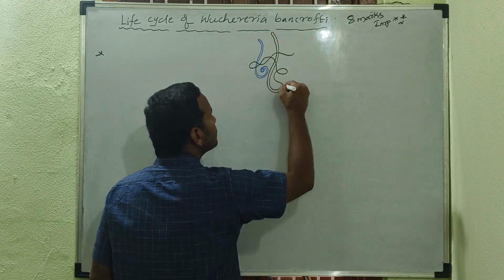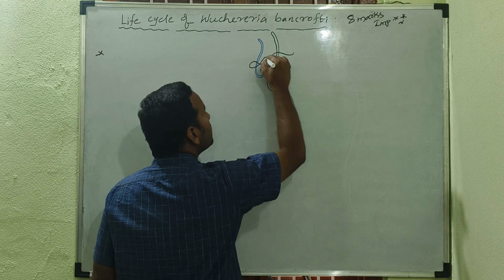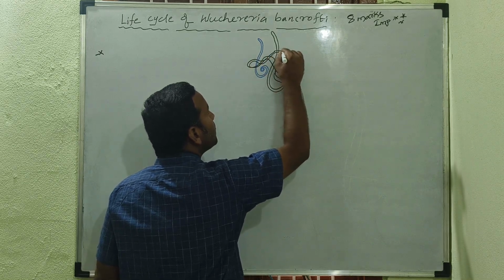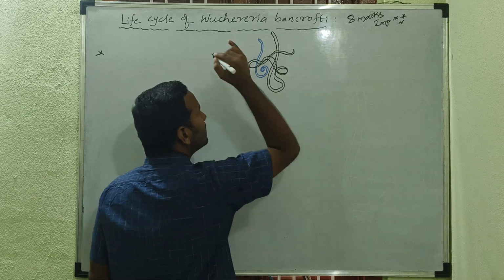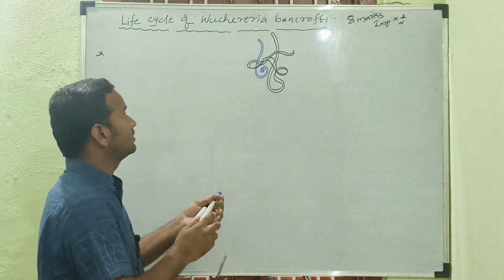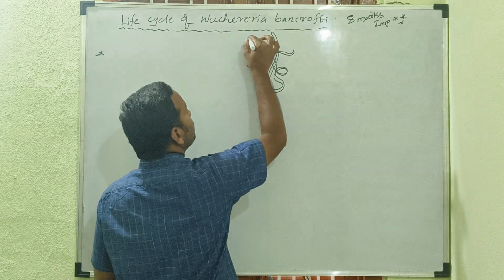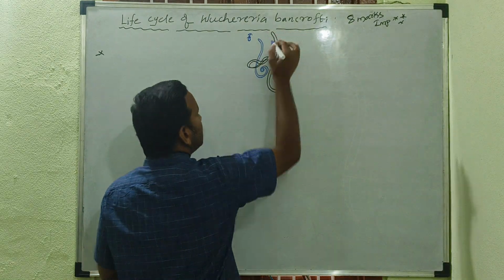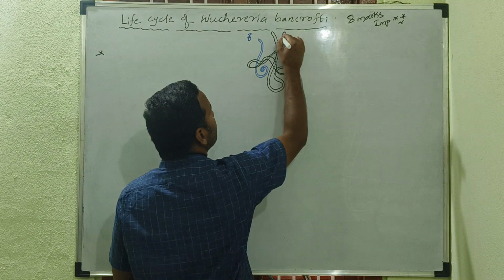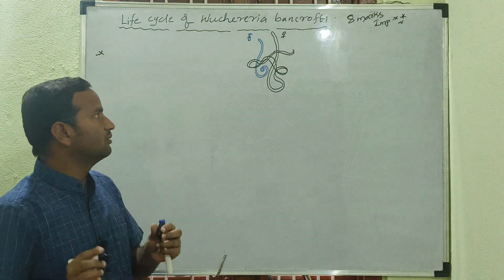This is the female organism. Got it? The blue one is male, the black one is female.